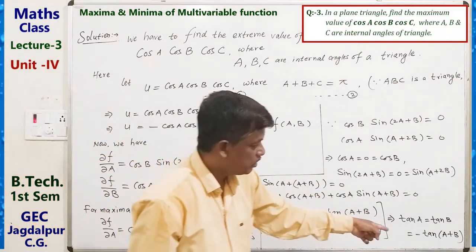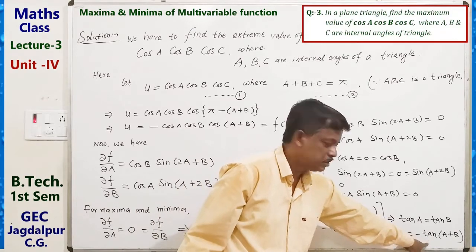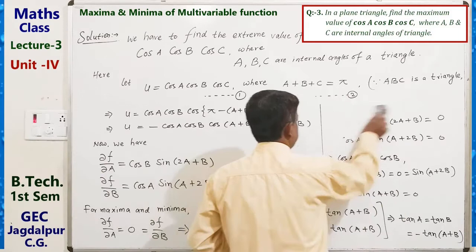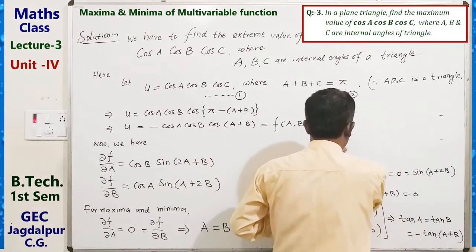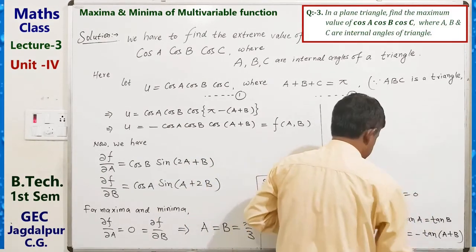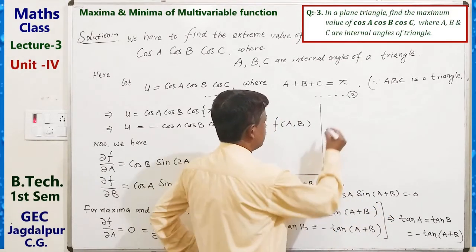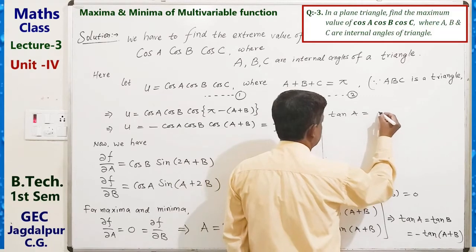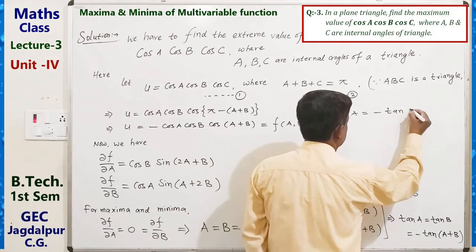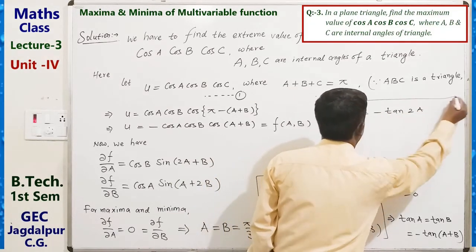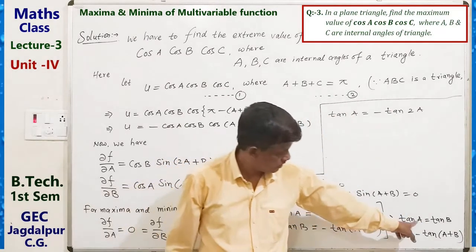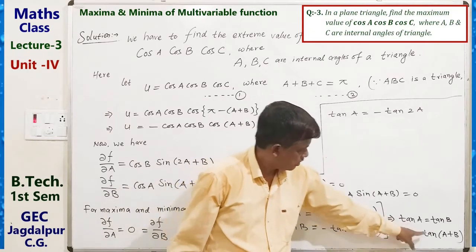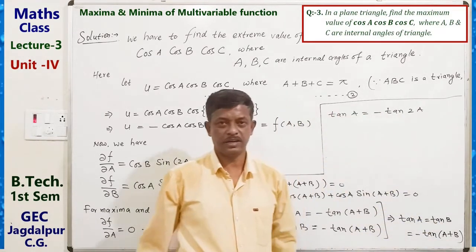A equal b also must satisfy it. So tan a equals tan a. So we can write, after this line, tan a equals minus tan 2a. From here a equals b, so tan(a + a) is tan 2a.